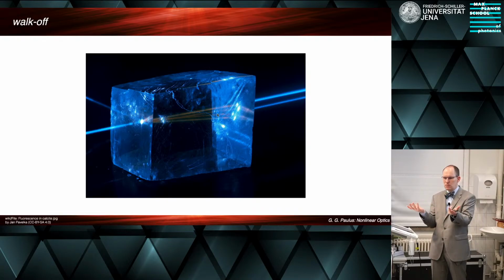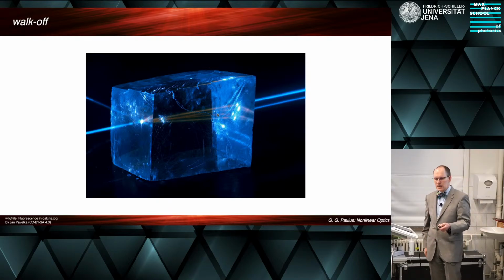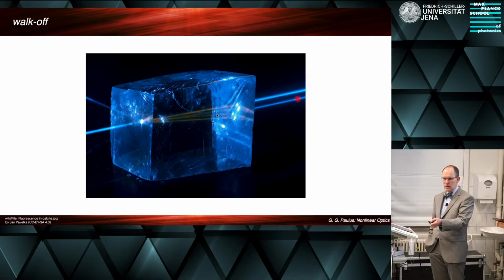So if you want to generate here the second harmonic, then you have to be aware that the second harmonic beam can or will be quite distorted, because what is generated here in this overlap region makes it to this point here, but what is generated here would end up here in between these two beams.